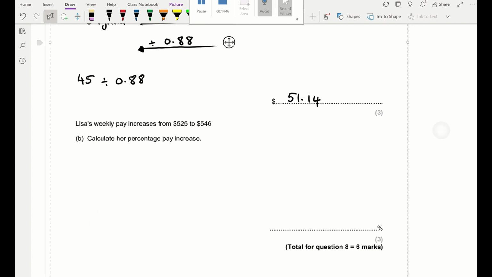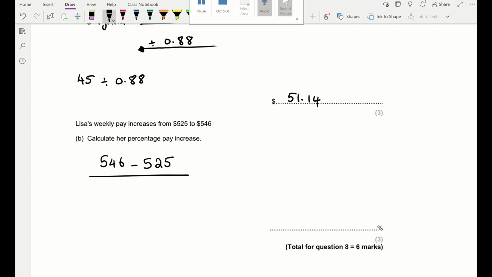And then Lisa's weekly pay increases from 525 to 546. Calculate her percentage increase. So the first thing you would do is you find the difference. You would find the change. So 546 minus 525. And then you would divide by the original. So her weekly pay increased from, that means that's the original.